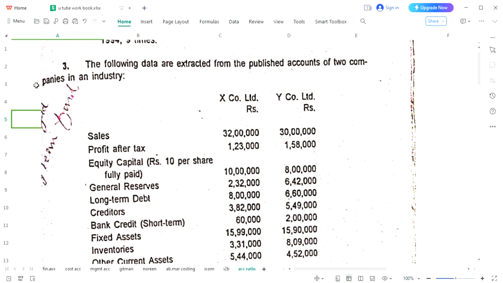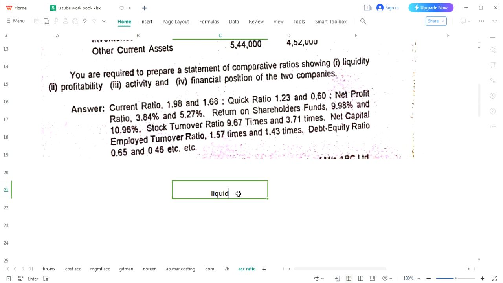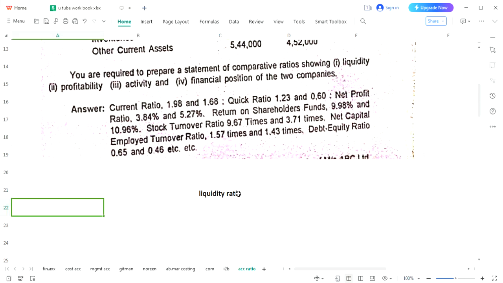So let's start our question. This is your third question. The very first thing is we need to calculate liquidity ratios. So you may write down here your heading. We are going to calculate liquidity ratio, which includes two ratios.